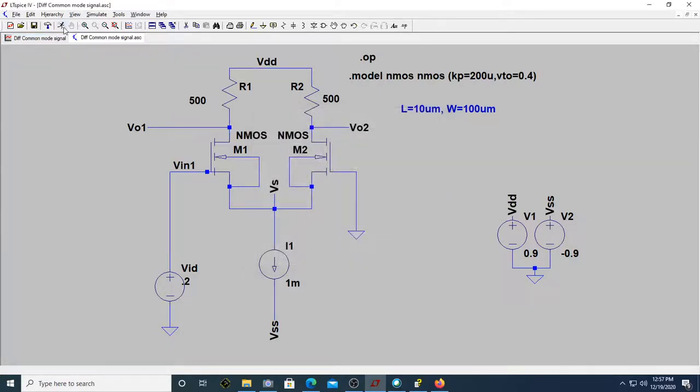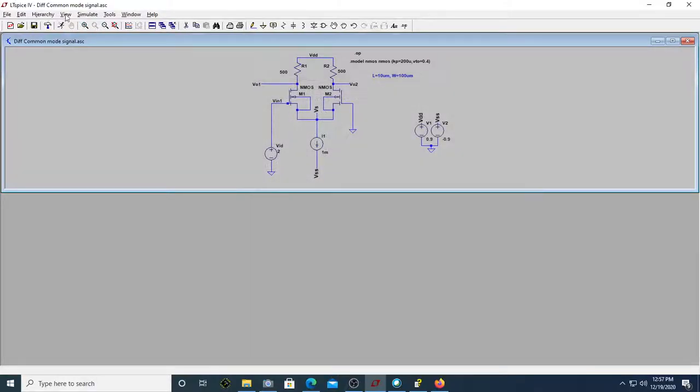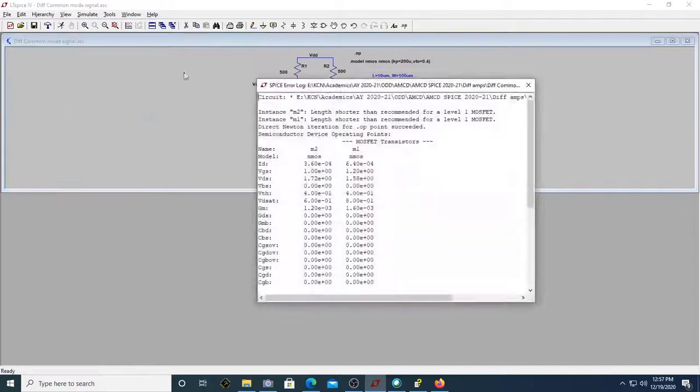Let me also view this. Can you see the VTH is 0.4, VDS is 0.6 for this. We'll just work this out and then show you the variation in the graph in the next video.